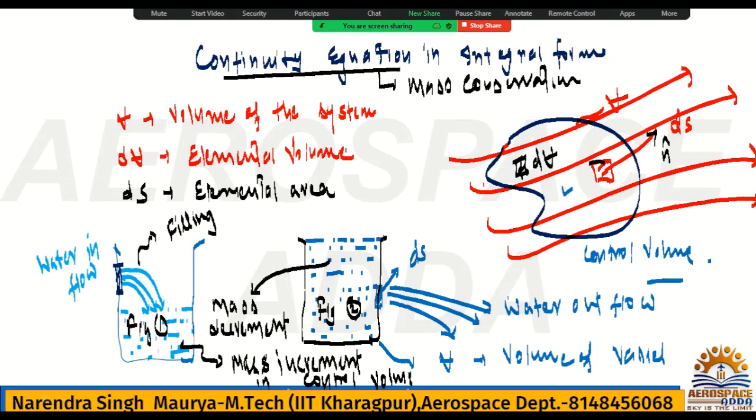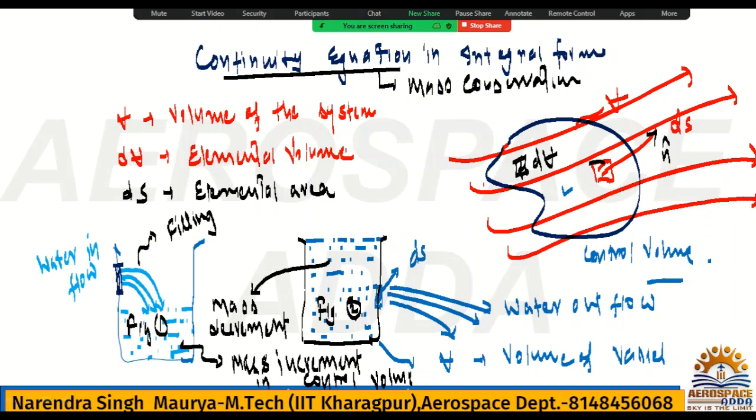Because water is going out. Water outflow is there. So rate of mass decrement. Why is it rate? Rate means per unit time, and obviously, if you open the valve, suppose this is a small gate, it will take time for water to flow outside, and the level of water that is filled will change, the volume of water will change, and the mass of water or mass of fluid will decrease, but it will take time.